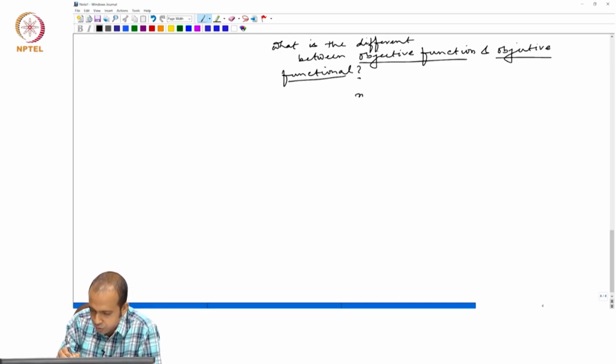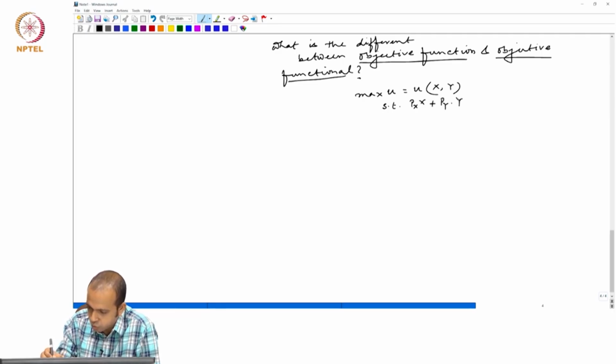For example, when you are maximizing u equals to u function x and y subject to px into x plus py into y equals to I. Here you are getting x star and y star, and that will lead to u star.